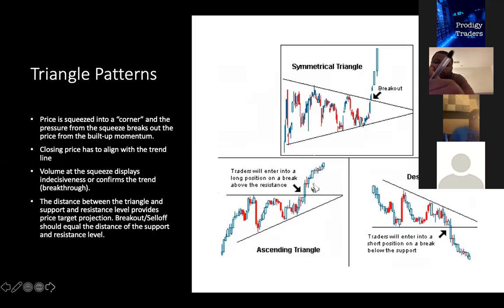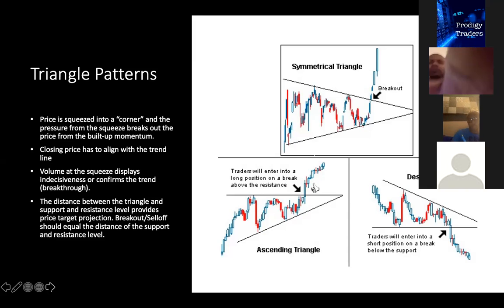This is one of my favorite techniques to use because you're almost guaranteed a breakout. In the triangle patterns, you have symmetrical, ascending, and descending triangle patterns. What makes this so profitable is that prices are getting pushed until the tip of the triangle, which builds up pressure and causes a breakout.